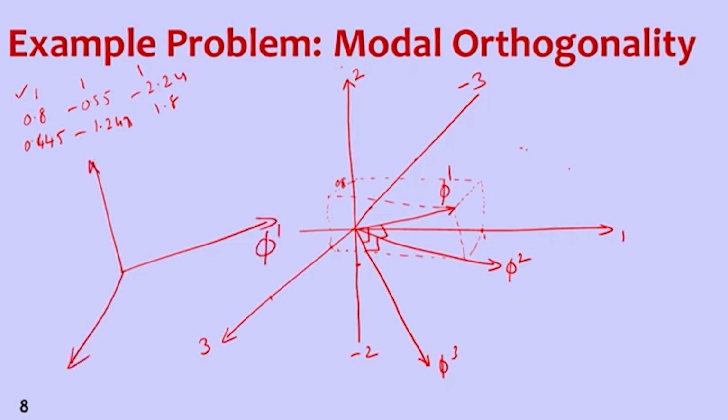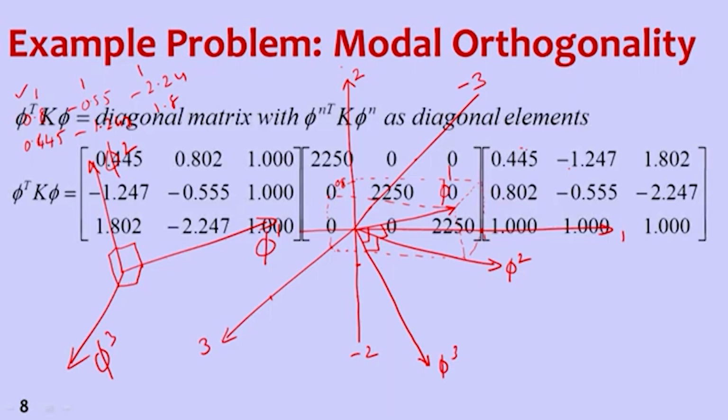Phi 1 is perpendicular to the phi 2 line and to the phi 3 line. Similarly, phi 2 is perpendicular to phi 3 and phi 1. Phi 3 is perpendicular to phi 1 and phi 2. So this is modal orthogonality. The same thing we have seen in the form of a numerical problem.